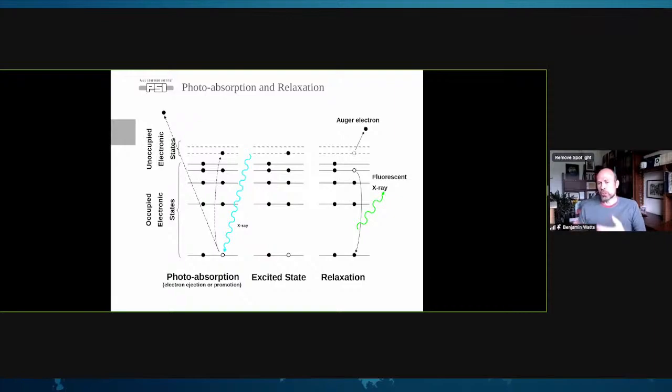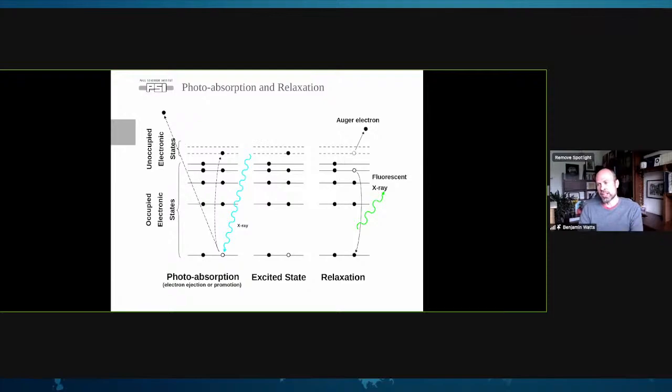So if we look closer, what happens is an X-ray is absorbed by an atom. The electron that's closest to that resonant energy can either be ejected from the atom entirely, in which case you have a photoelectron, which people doing XPS will be quite familiar with.